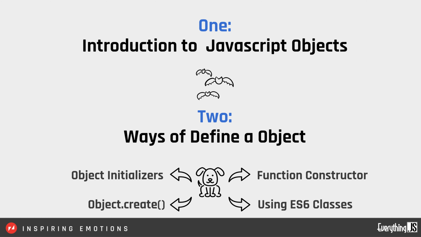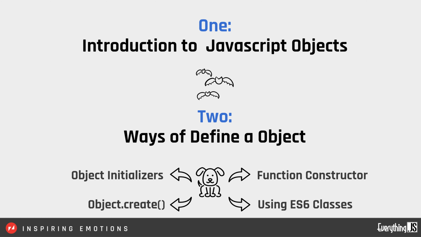We can use a function constructor, and JavaScript provides a native function for creating objects. We can also use ES6 classes, for people coming from OOP to JavaScript.